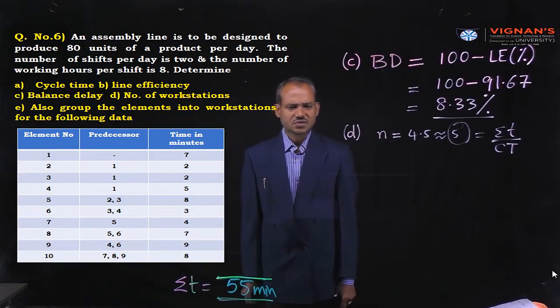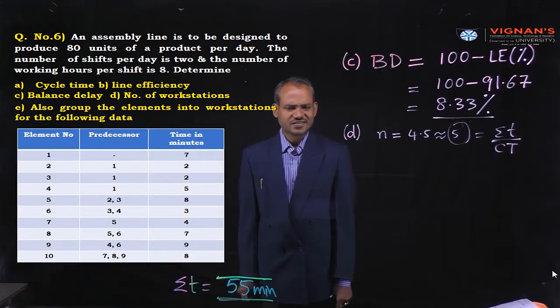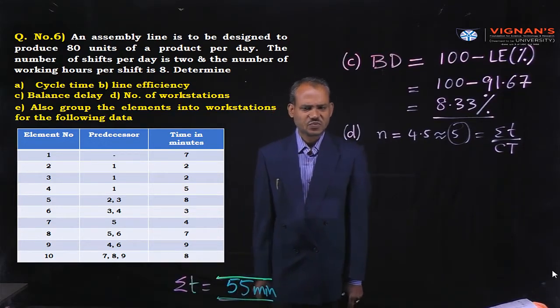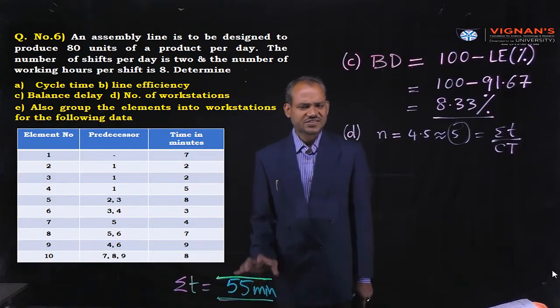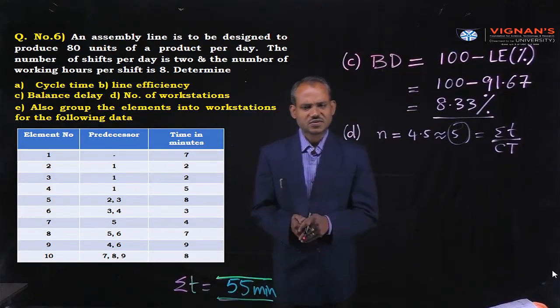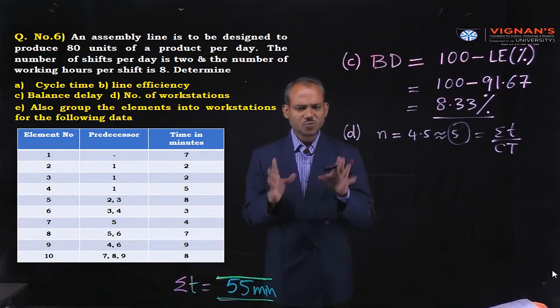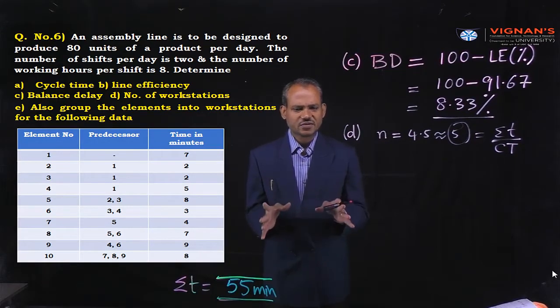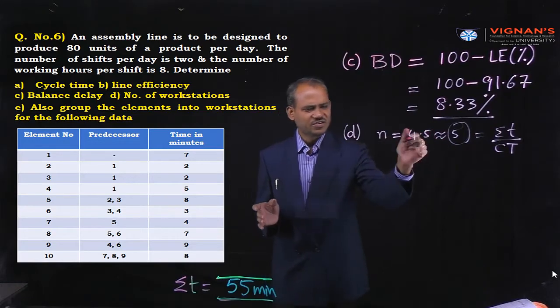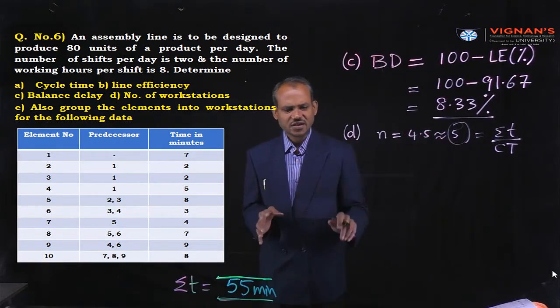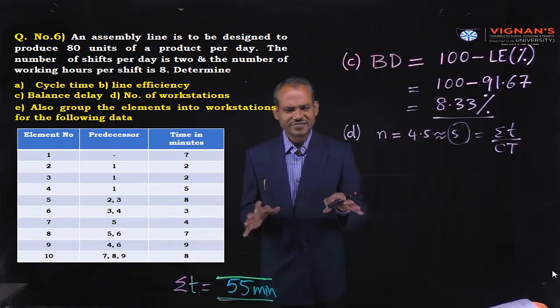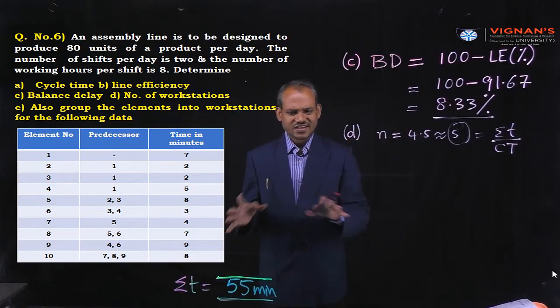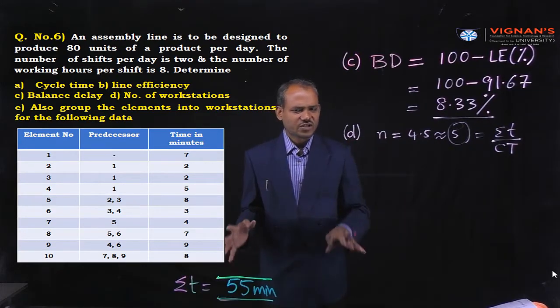Next, also group the elements into workstations for the following data. So for this E bit, we are going to group the work elements into number of workstations. Already calculated how many workstations are there? 5 workstations. Within 5 workstations, we are going to assign all these 10 work elements.